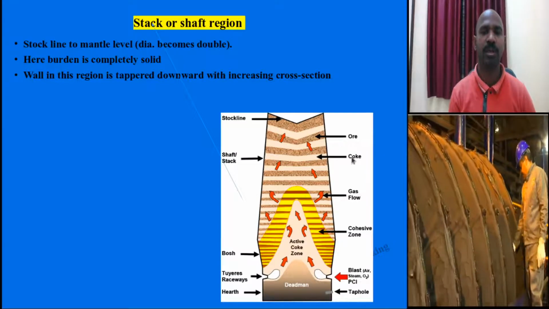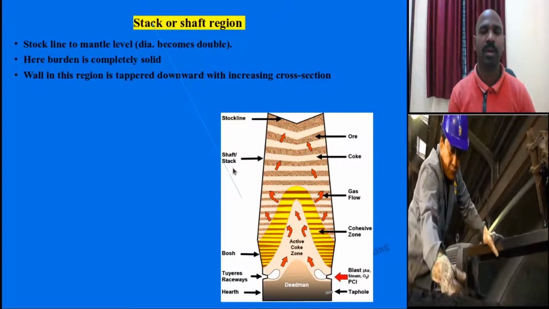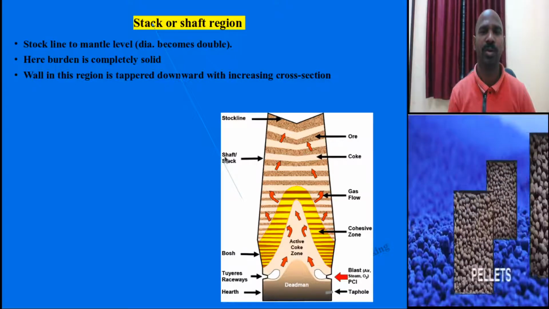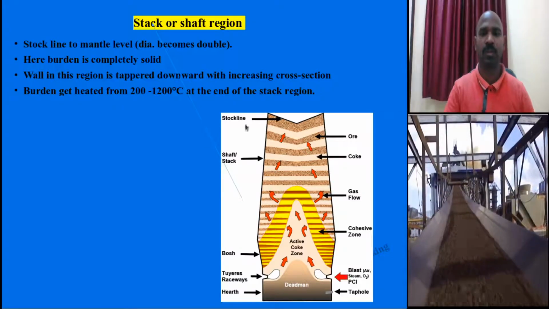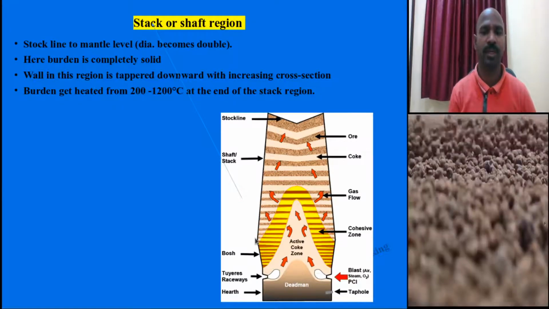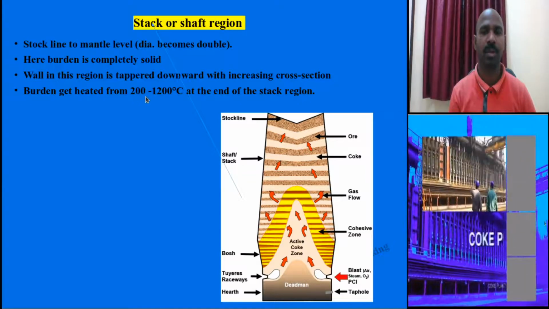There will be ore, there will be coke, and there will be gas interaction within this stack. Another name for this stack is shaft, and the temperature from bottom to top could be 1200 degrees Celsius at the bottom and 200 degrees Celsius at the top.